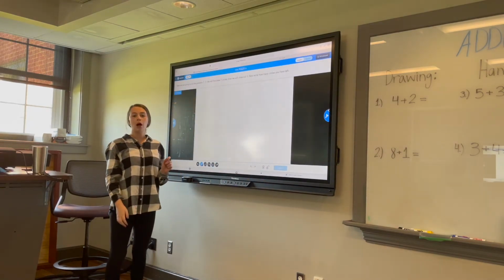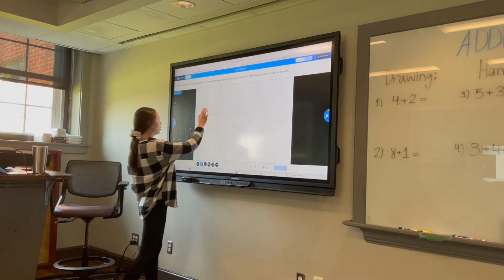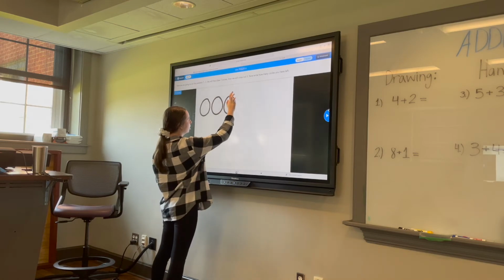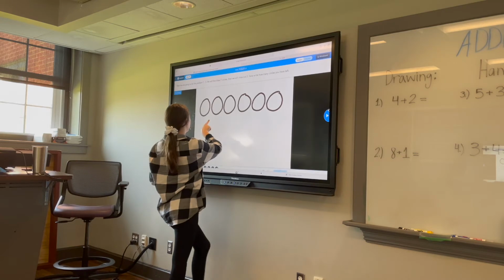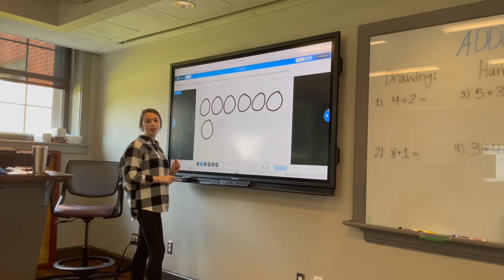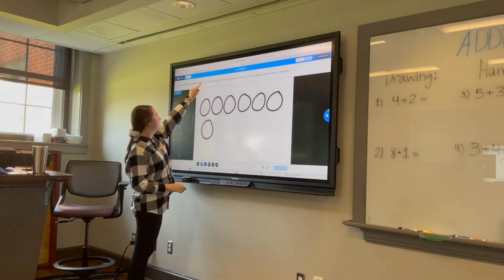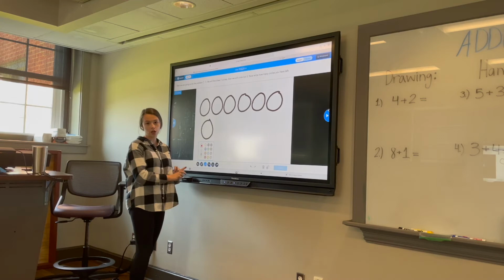Now we're going to do the problem 7 minus 3. First we're going to draw 7 circles. 4, 5, 6, 7. Then we're going to cross out 3 because our problem tells us we are taking away 3 circles from our original 7 circles.